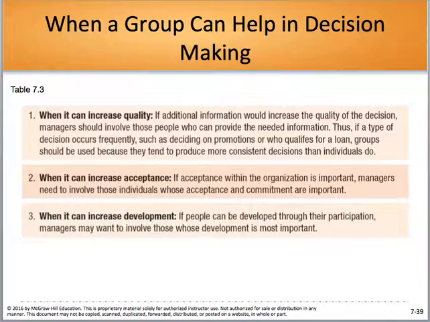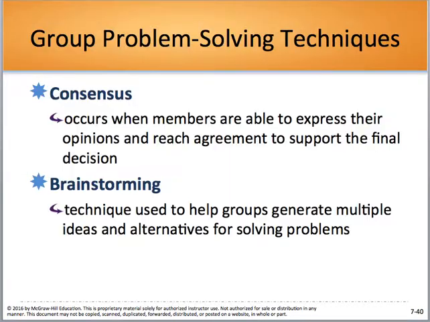When you're increasing acceptance, managers need to be able to involve people for whom acceptance and commitment are important. And then the increase in development is through participation. And managers may want to involve those whose development is also most important. And so these are the three ways that a group can be very beneficial in decision making.